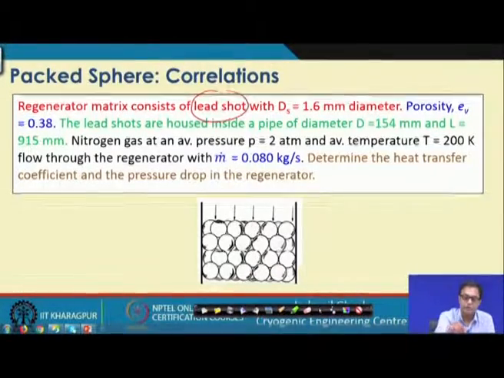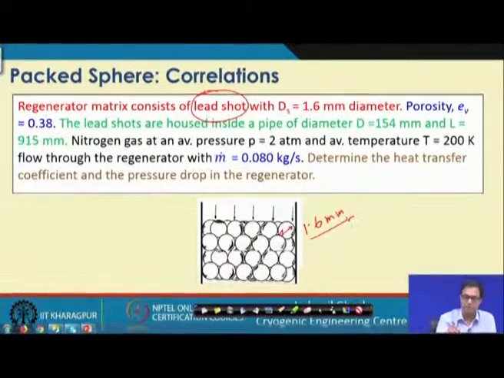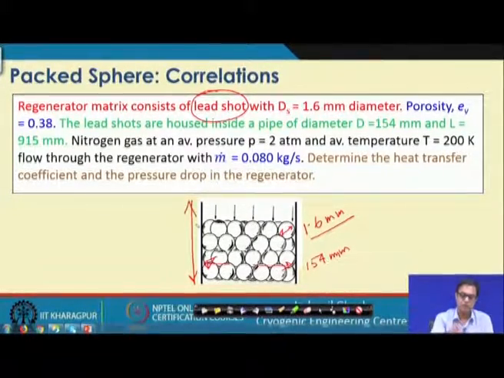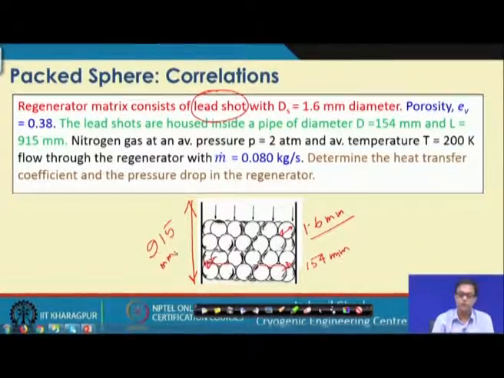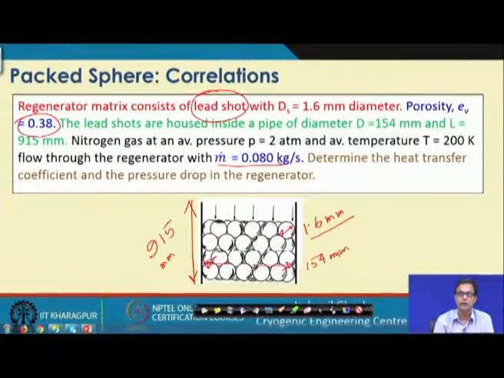The diameter of this lead shot is 1.6 millimeter, and they are packed inside a bed of diameter 154 mm, and the length of this regenerator is 915 mm.